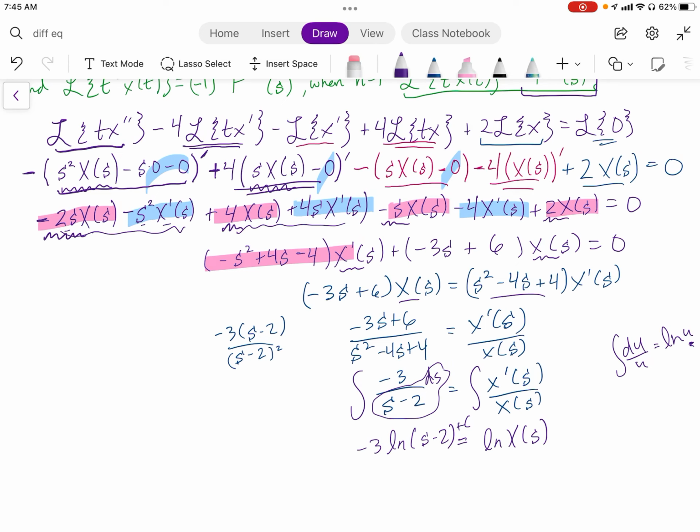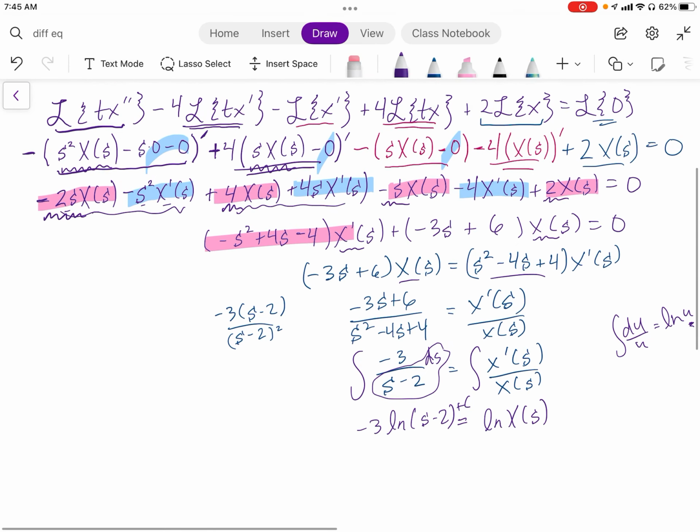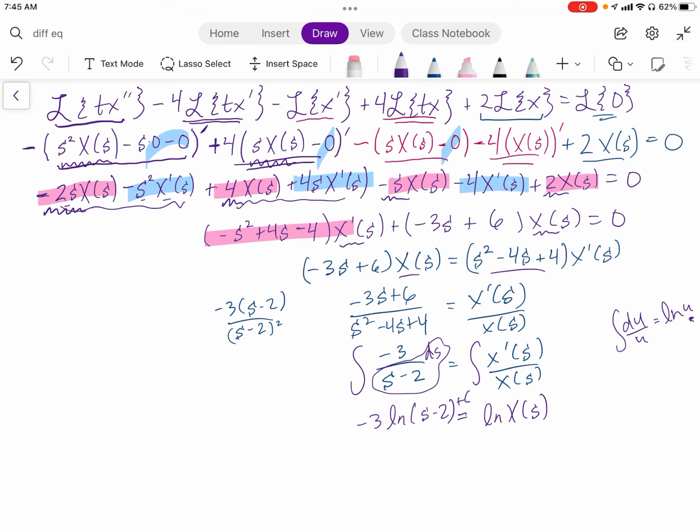From here, it's back to elementary differential equations. We have ln of s minus 2 to the negative 3 plus c equals ln x of s. Exponentiating both sides, remember all of this is the exponent, but that's okay because e to the plus c, we could think of as e to the c.